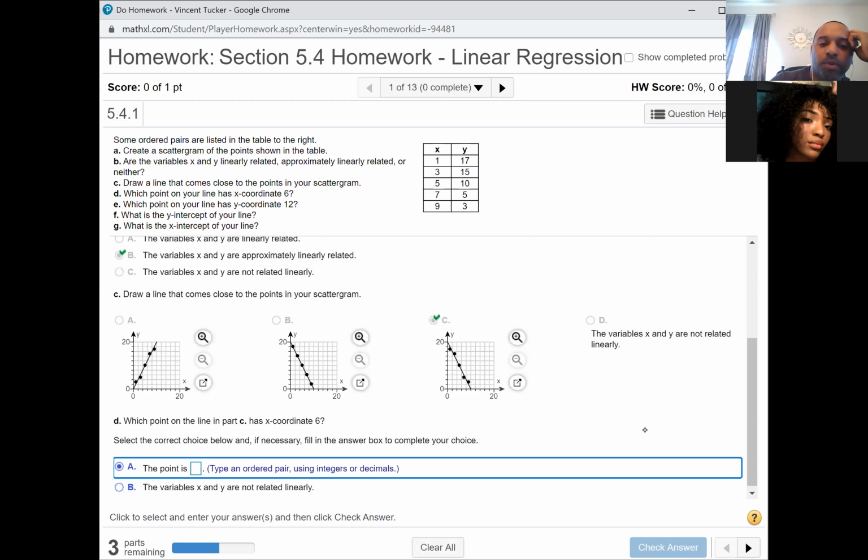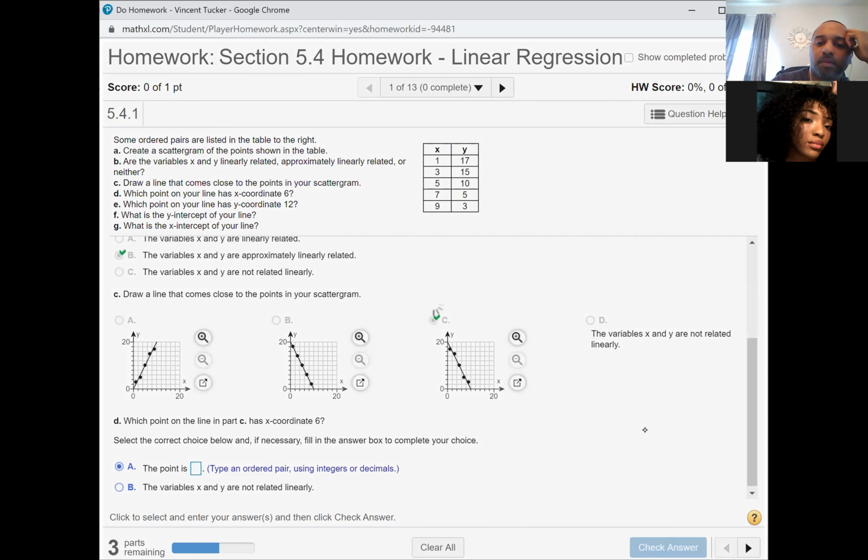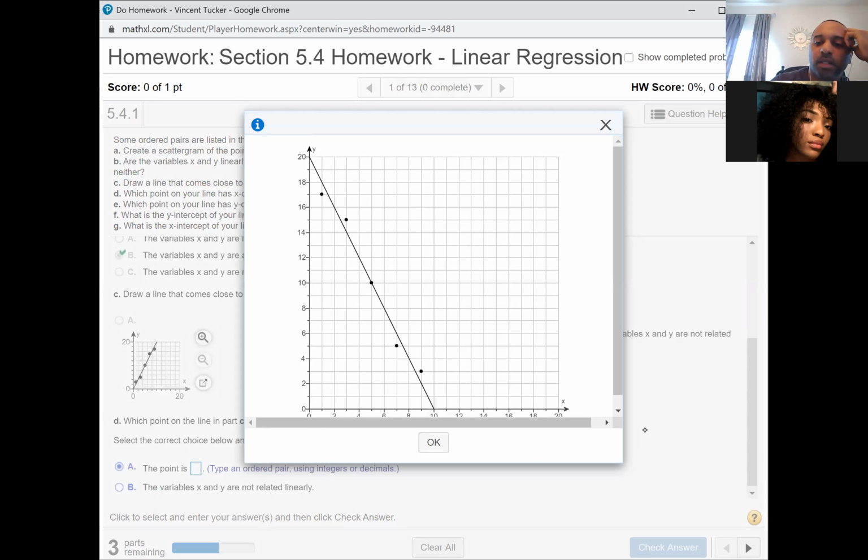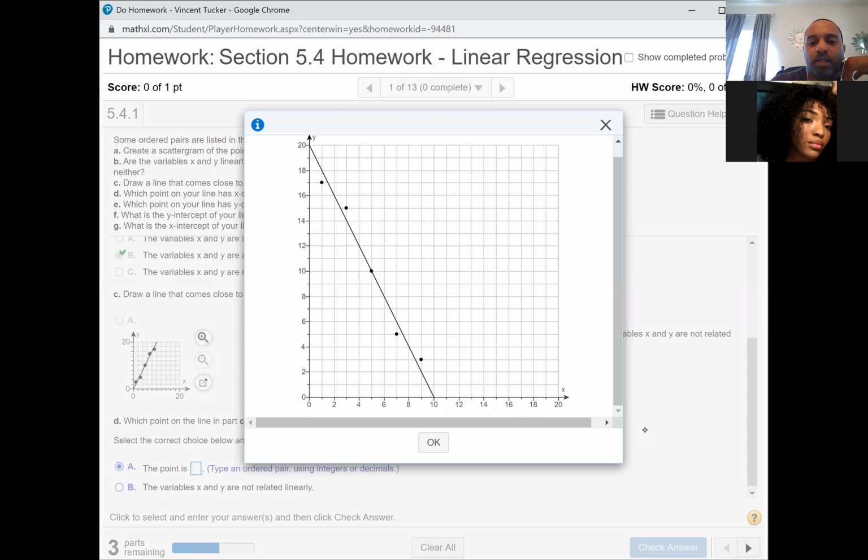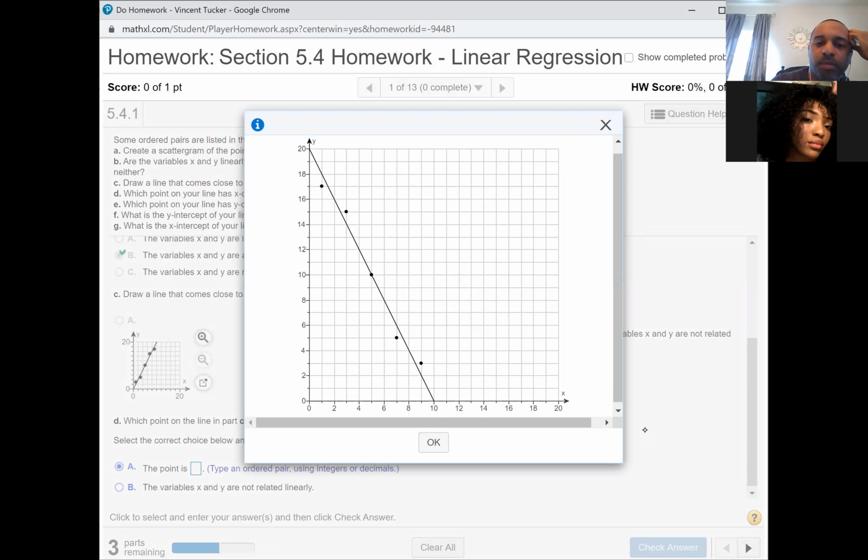All right, so which point on the line in part C has an x coordinate of 6? So you go here, go to the line, and you go to 6, and we see that when you go up, it matches at 8. It touches the line at 8.